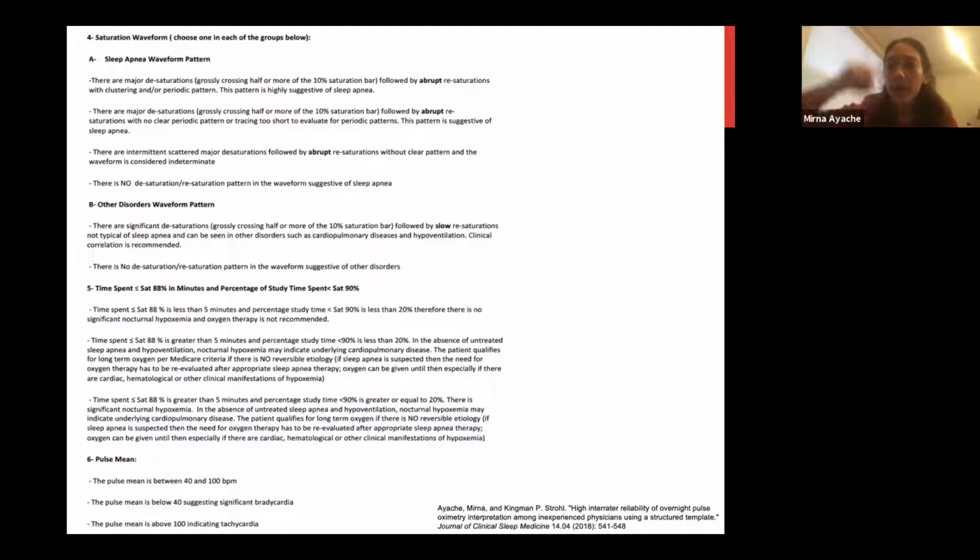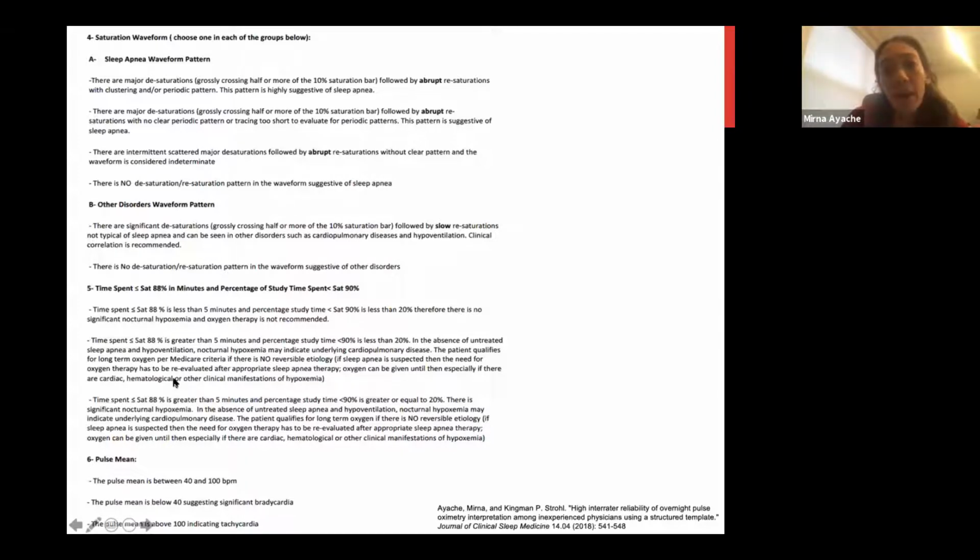But these are the ups and downs, episodic desaturations, a lot of times with immediate resaturation, and you can have it as positive, intermediate, or negative. And then whether there are sustained desaturations that are slow and sustained, suggestive of cardiopulmonary disease. So you need to note that in your overnight pulse oximetry.